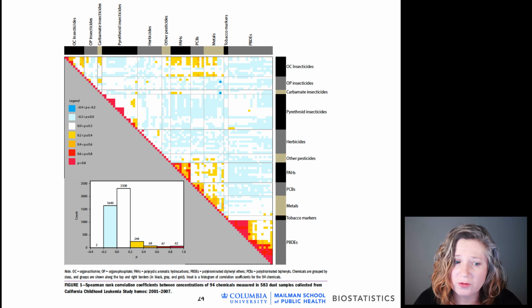Strong positive correlations are, for instance, among PAHs. If you look at PAHs, you see a triangle that is quite yellow and red. That means that if we see one of those chemicals, the other ones are very likely to be present also. The same goes for tobacco markers and PBDs.